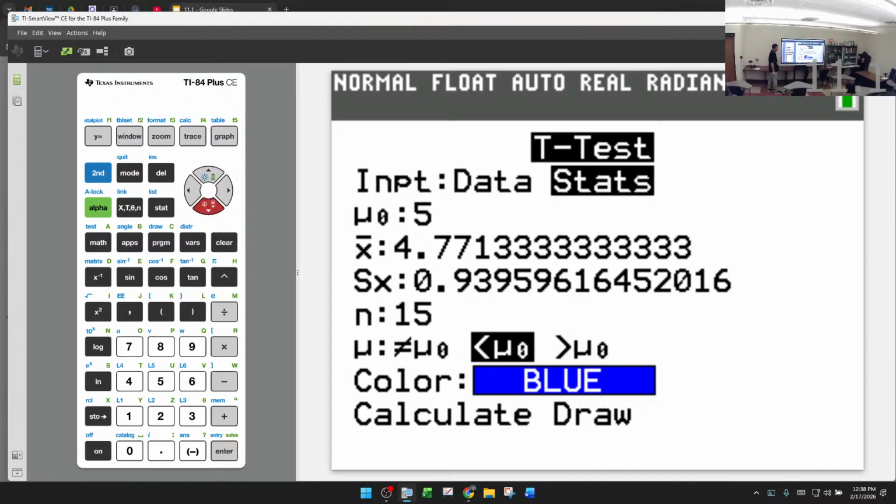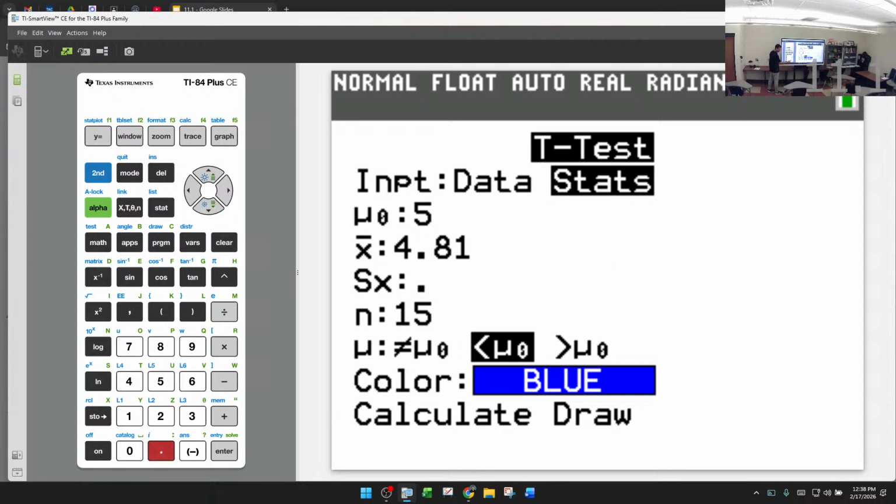They said mu is 5, and the X bar was 4.81, with a standard deviation of 0.365, and n is 37. Okay, and we think it's not equal to.